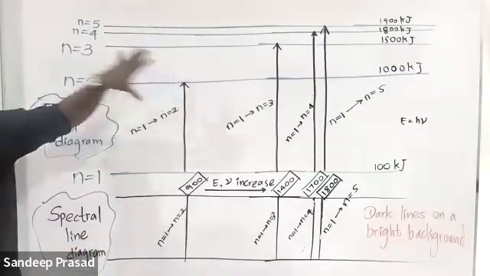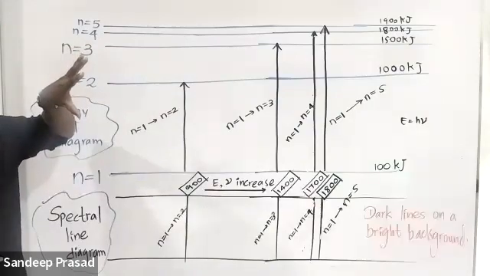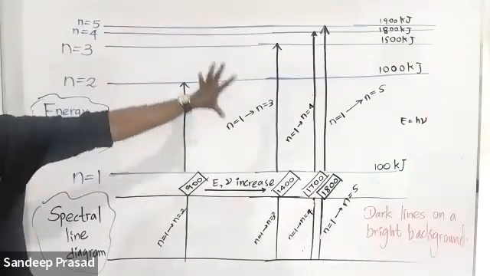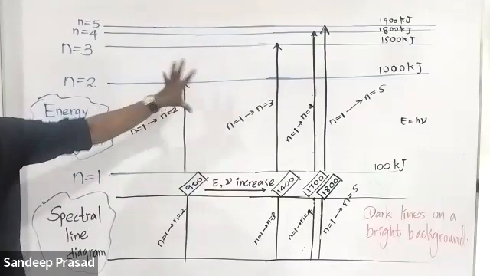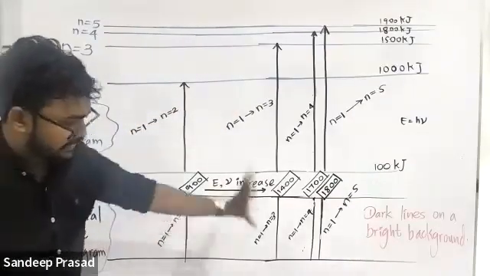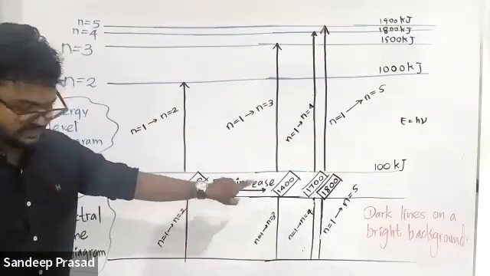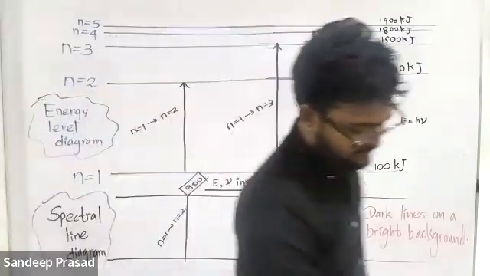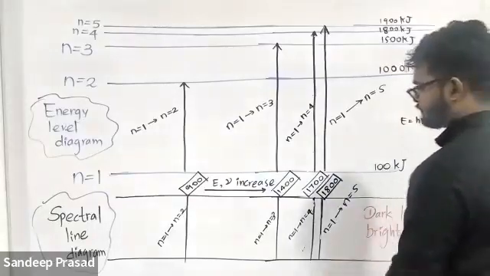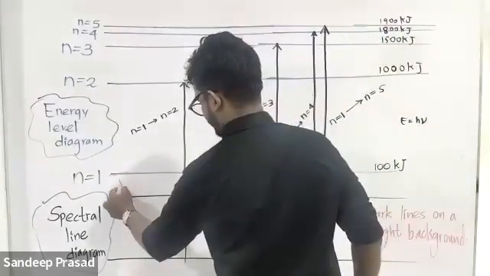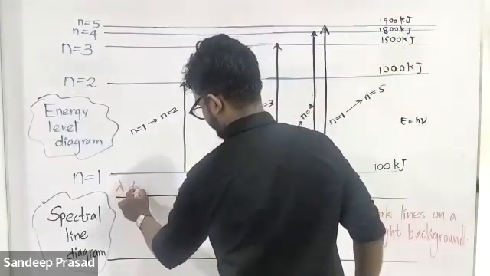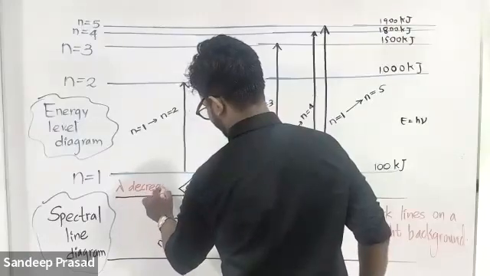Don't draw the energy level diagram. Understood? In the tutorial, don't draw this diagram, the energy level diagram. Only draw the spectral line diagram, right? And write down frequency, energy increases, lambda wavelength decreases. Quickly draw it.